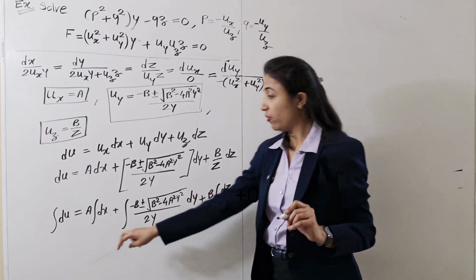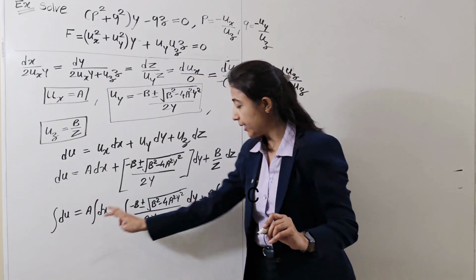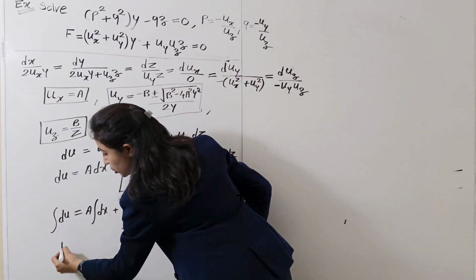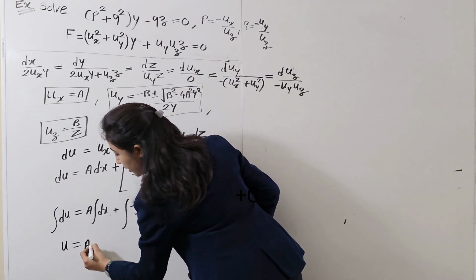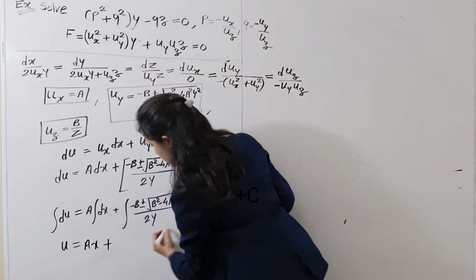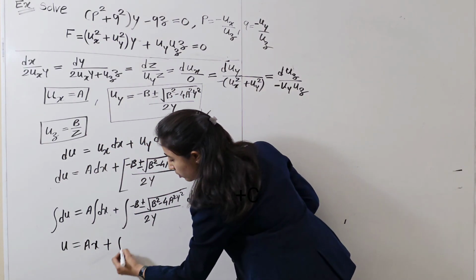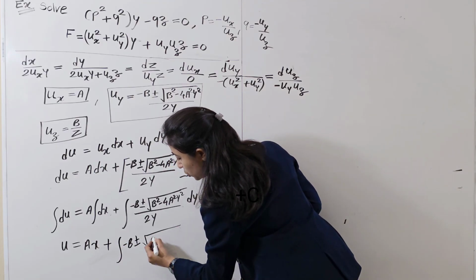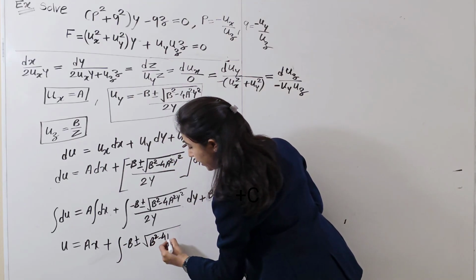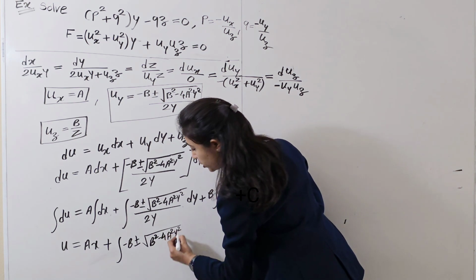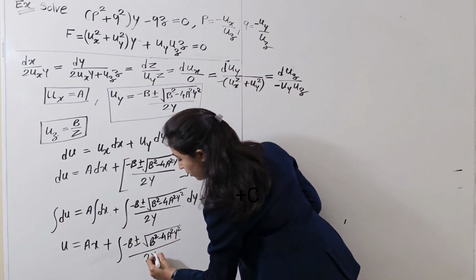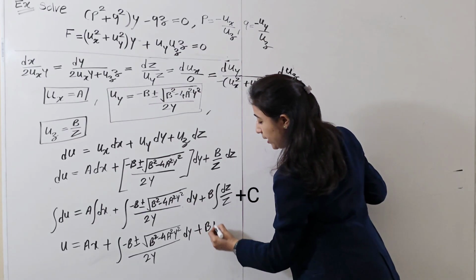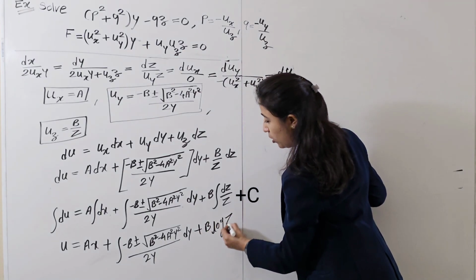Here we can find the integration of du, dx and 1 by z. So the integration of du is u equal to a into x, plus this second integral, for which we have to use trigonometric formulas, because direct integration of this second term is not possible as it is not in a standard form, plus b times the integration of 1 upon z, which is log z.